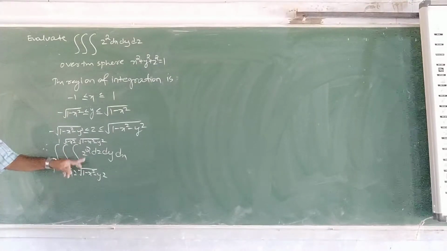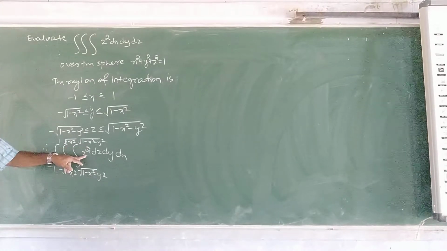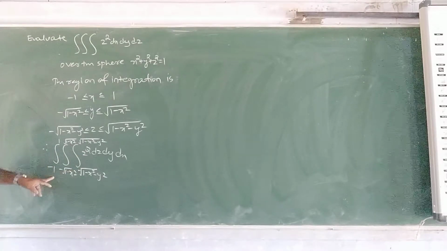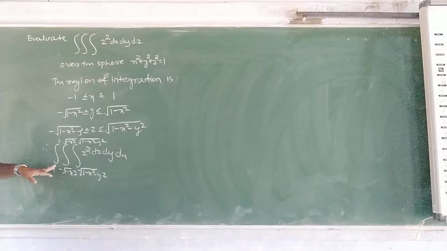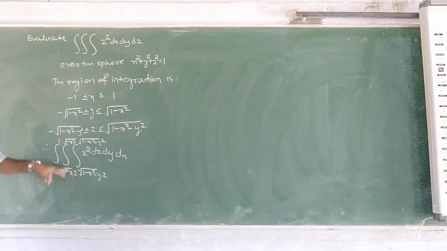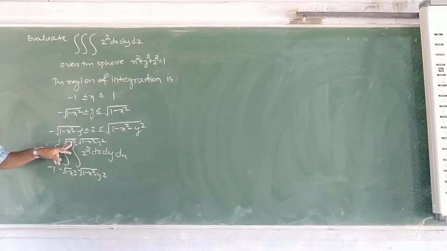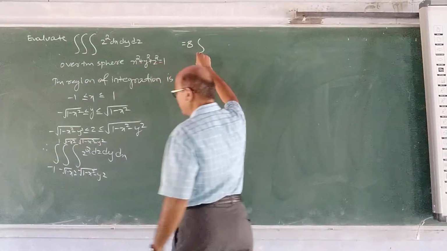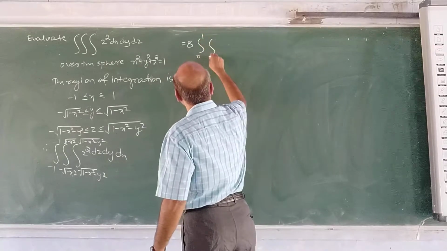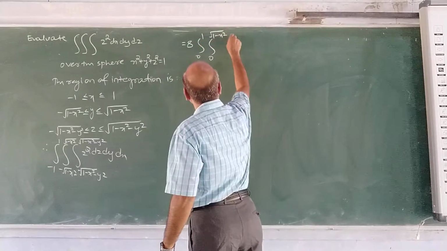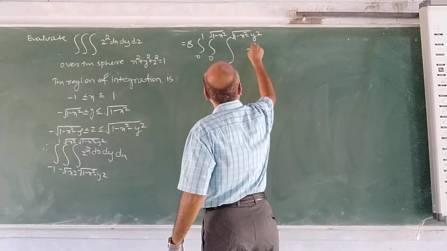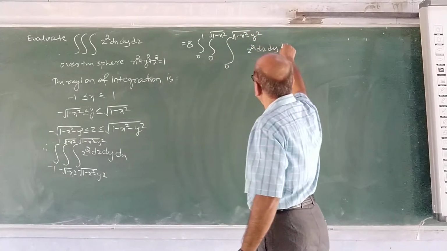Again z square is there, it is an even function. Z square even function. So while applying this as repeated integral, we can use -1 to 1 as 2 into 0 to 1. This is also 2 into 0 to root 1 minus x square. So it is 8 into 0 to 1, 0 to root 1 minus x square, 0 to root 1 minus x square minus y square, z square, dz dy dx.